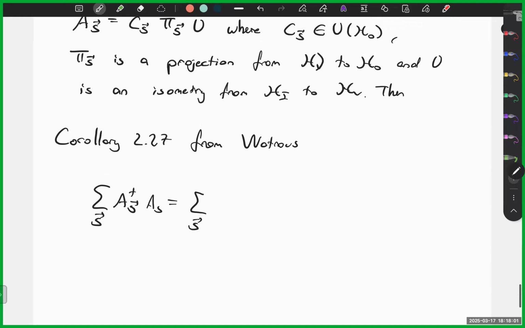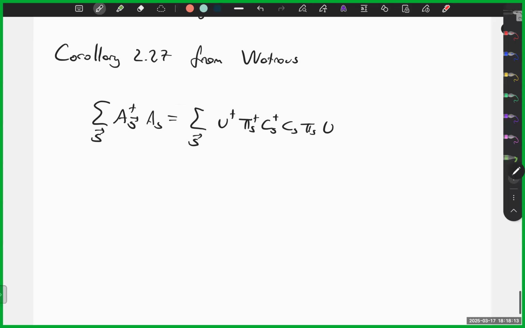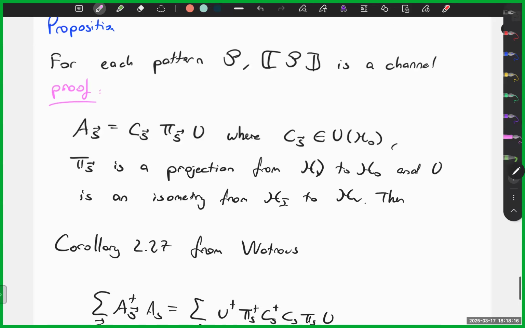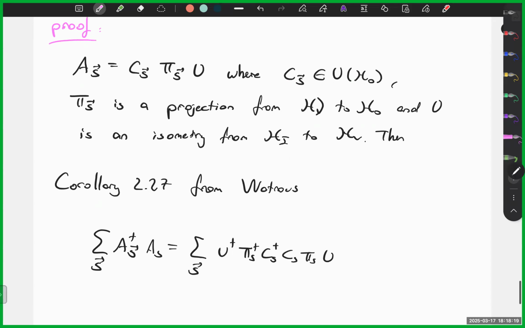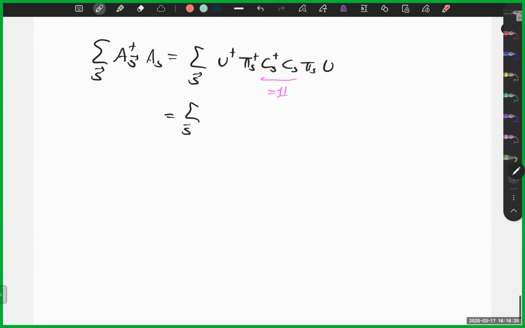So it is equal to just inserting these pi S dagger, CS dagger, CS, pi S, and U. So since CS is defined as a unitary, this is the identity. So we can write it as summing over S, U dagger, pi S dagger, pi S U. And since it's a projection operator, this is pi S. And also we can move the sum, since it's only dependent on S, inside.